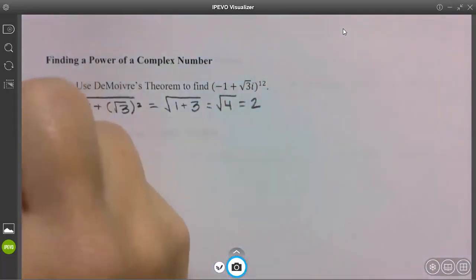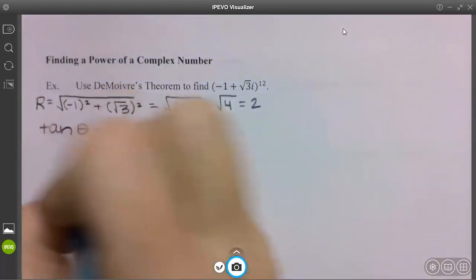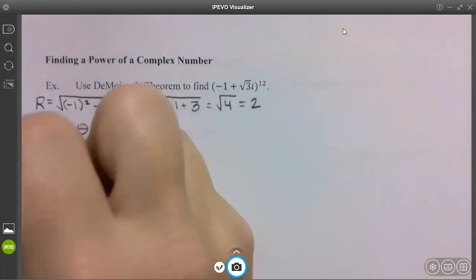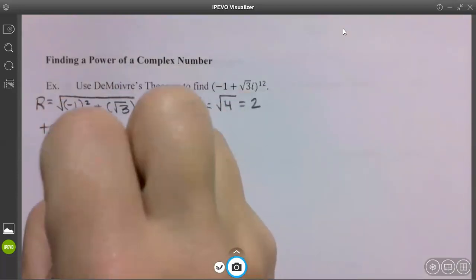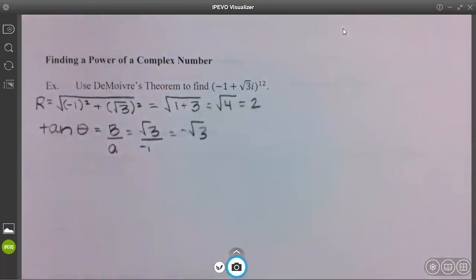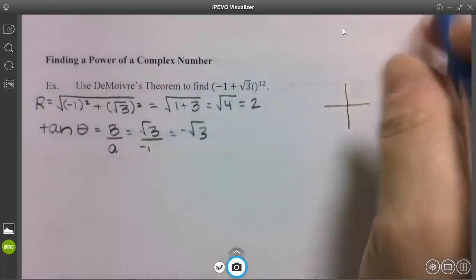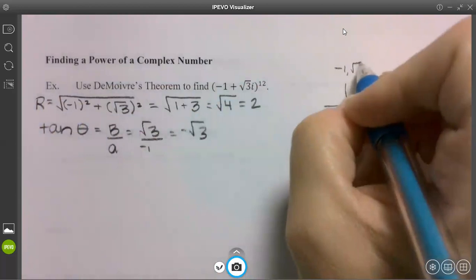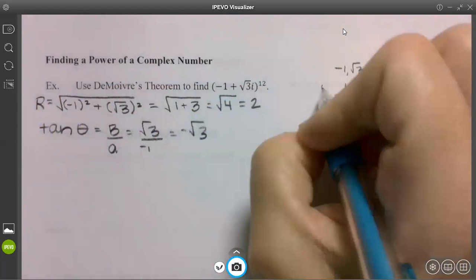Then you have to find your degree or your theta. It can be radians as well. Remember, it's going to equal b over a, which is your square root of 3 is your b, over negative 1 or negative square root of 3. So remember, we have to look at what quadrant it's in. So if we're doing negative 1 square root of 3, we're going negative 1 and a positive square root of 3.